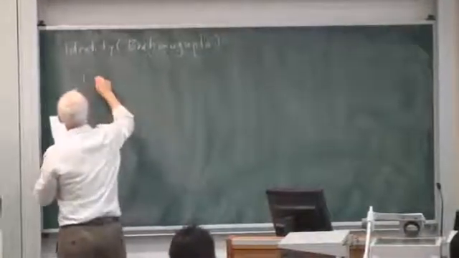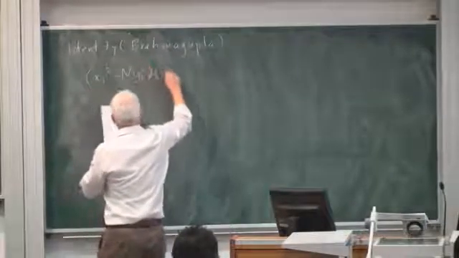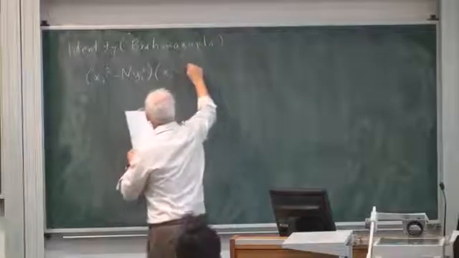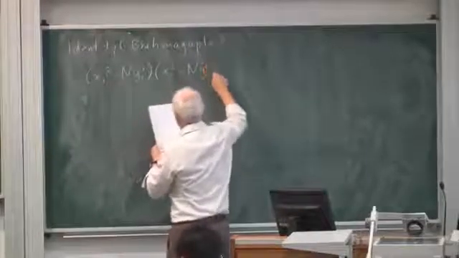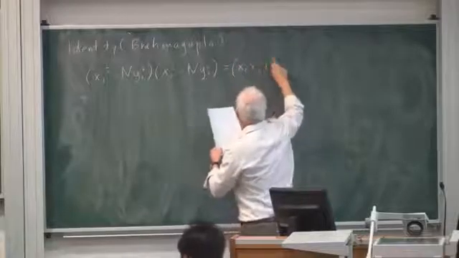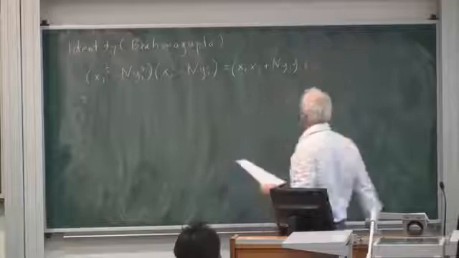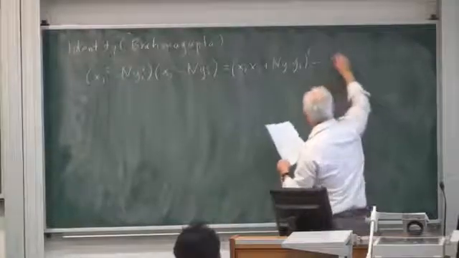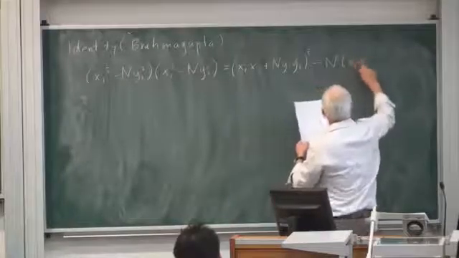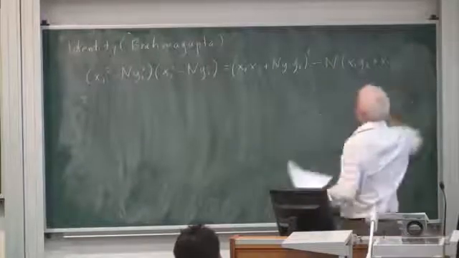It's (x1² − n y1²)(x2² − n y2²) = (x1 x2 + n y1 y2)² − n (x1 y2 + x2 y1)².